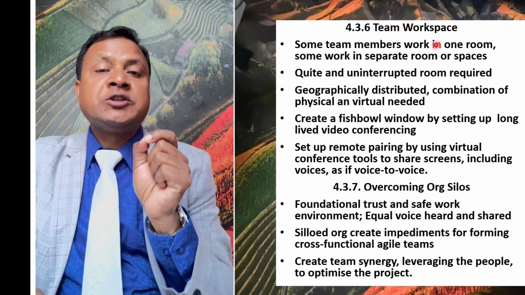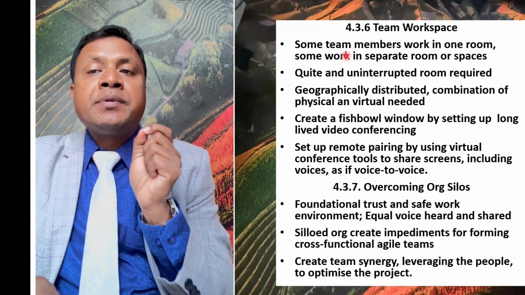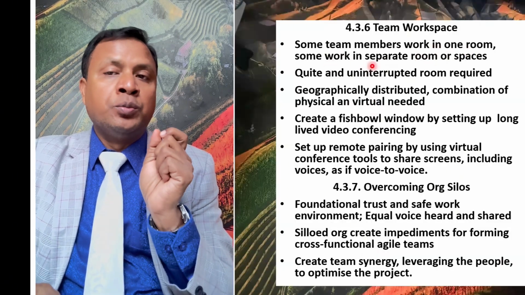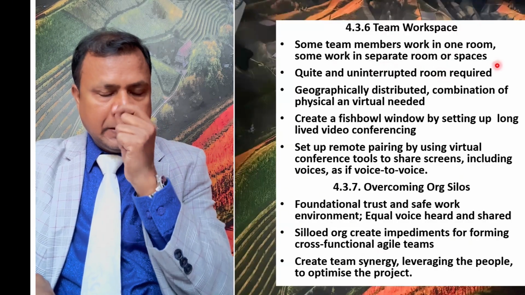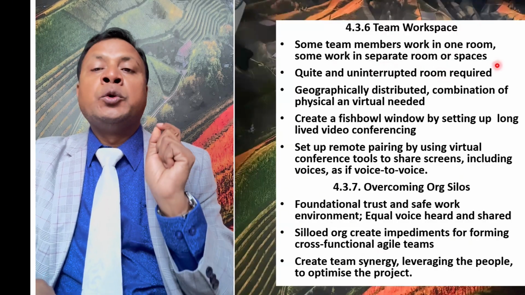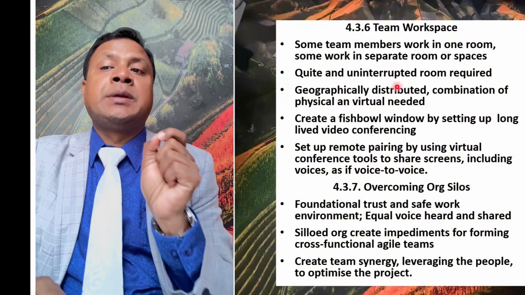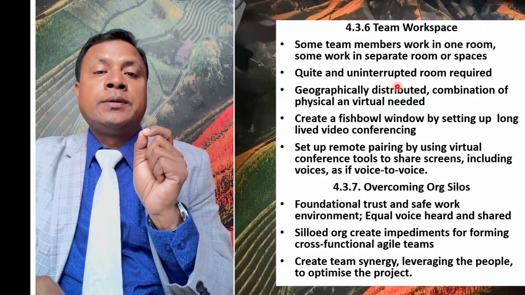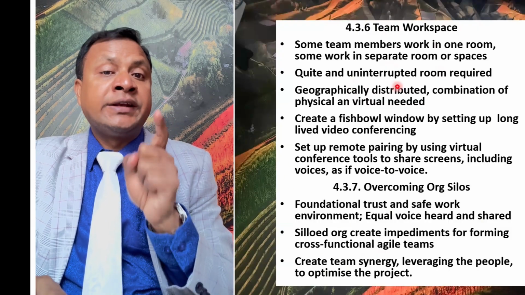Now the team workspace. How should the workplace of the team be? Some team members may work in one room, some in separate rooms or spaces. Whatever that is, we should make the environment a quiet and uninterrupted room so that team members can work with full attention.